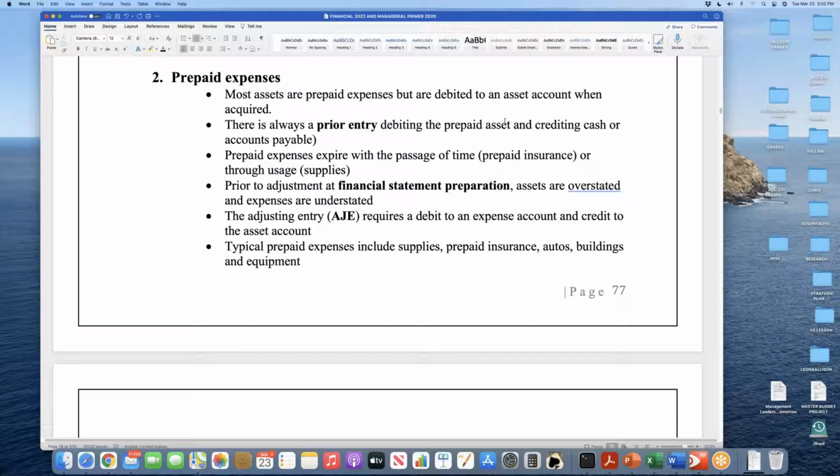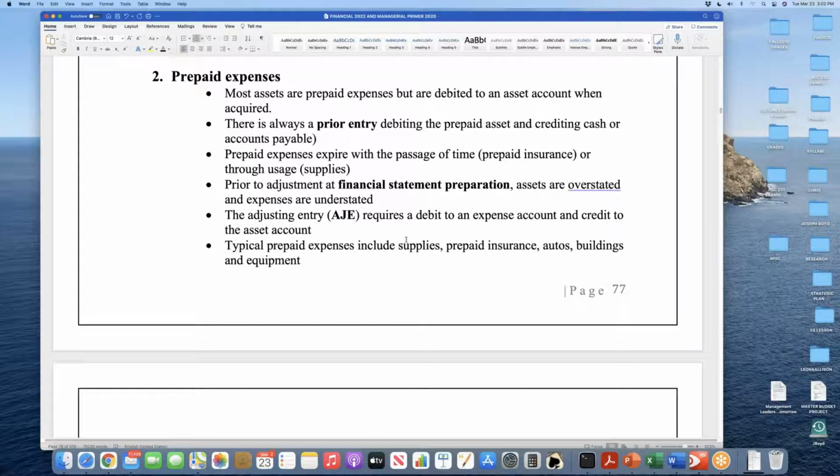So there's always an entry debiting the asset and crediting cash, or accounts payable, but you eventually got to pay the accounts payable. Some prepaid expenses expire with the passage of time, such as insurance and depreciation on autos, others through usage, such as supplies. If you don't make the AJE, then the assets will be overstated.